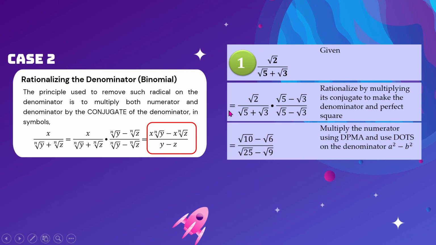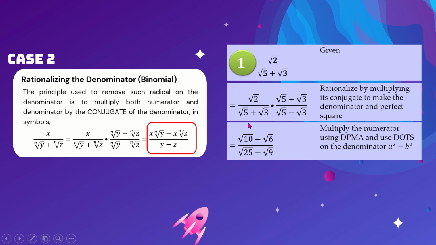Next, multiply the numerator using DPMA. Square root of 2 times square root of 5 is square root of 10, because number inside times number inside gives number inside. Square root of 2 times negative square root of 3 is minus the square root of 6. And use DOTS, difference of two squares, on the denominator: the square of the first term minus the square of the second term.